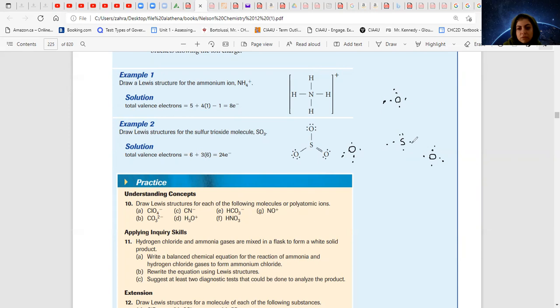This lone electron will come and make a bond with this, and this will make a bond with that. Now, what happened here? This electron will move here, and you have an empty space. You can share these two electrons in that empty space. Same thing. This electron moves here, and you have an empty space, and you share. So I'm going to erase that and move them.